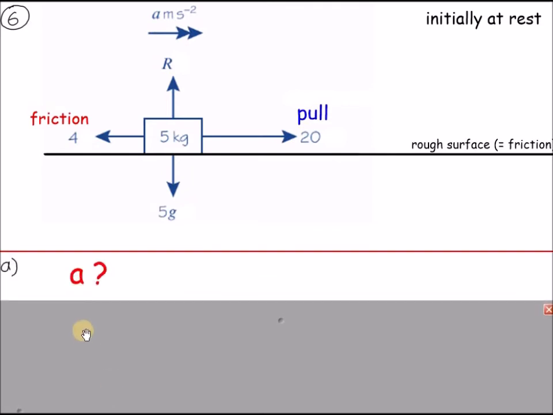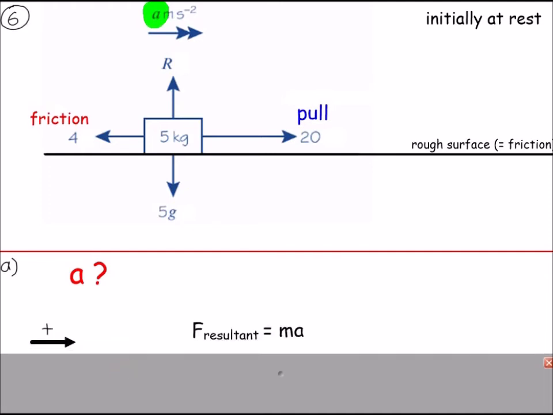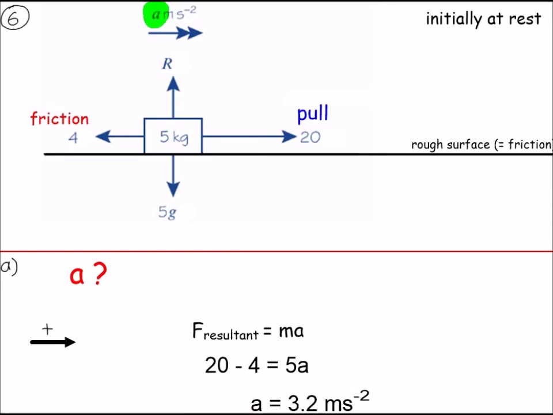So to work out the value of the acceleration, F equals ma, I'm taking this direction as positive, so 20 minus 4 equals the mass times the acceleration. So a is equal to 3.2 meters per second squared. Again, that's a positive value for acceleration, and acceleration is a vector, so it has magnitude, which is this value, and its direction, because it's positive, will be the same as what we've chosen here, like so.